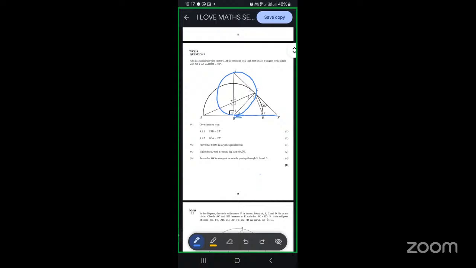In order for us to prove that this is a tangent to that blue circle, we just need to prove the converse of the tan chord theorem. This is my angle between the tangent and the chord. We need to prove that this angle is equal to that angle there. Does any one of you have an idea of how we can prove this question?